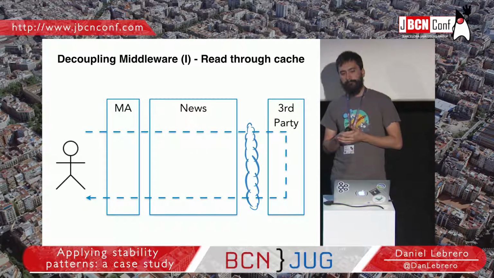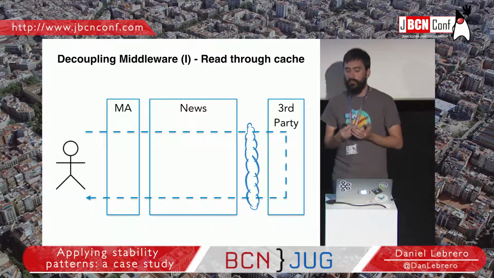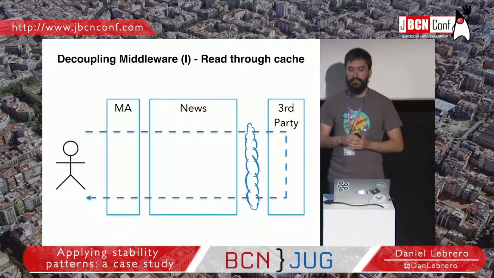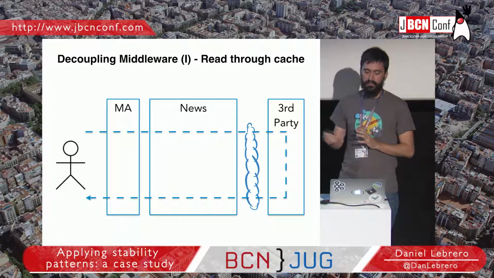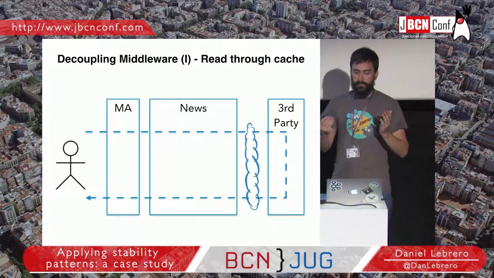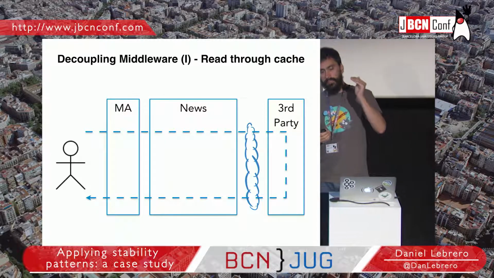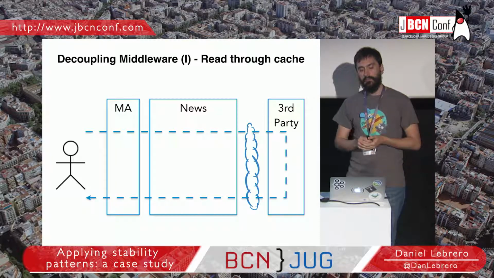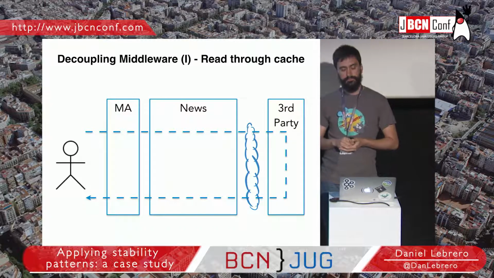But the idea behind decoupling is that we are trying to somehow decouple the resources that we are using from any kind of external influence. So if we look at a typical request from the user, it goes through market analysis. Then market analysis forwards that request to an internal service, for example the news service.